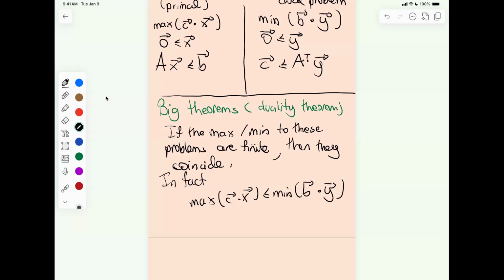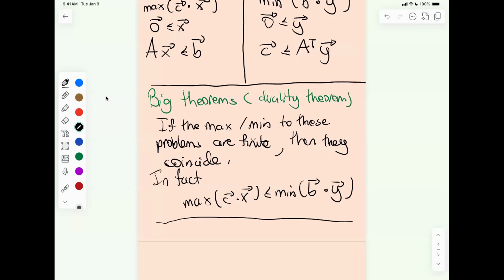That is one of the main things that makes this topic interesting: you have this back and forth.